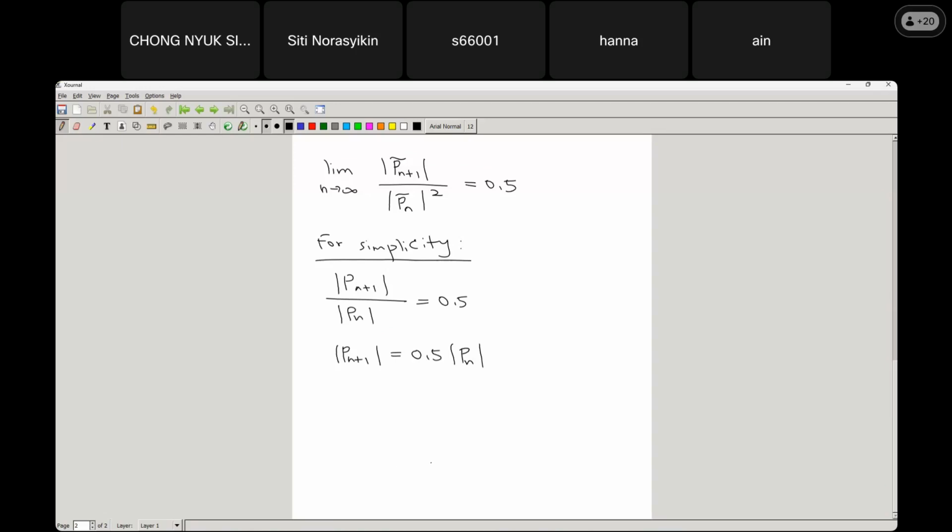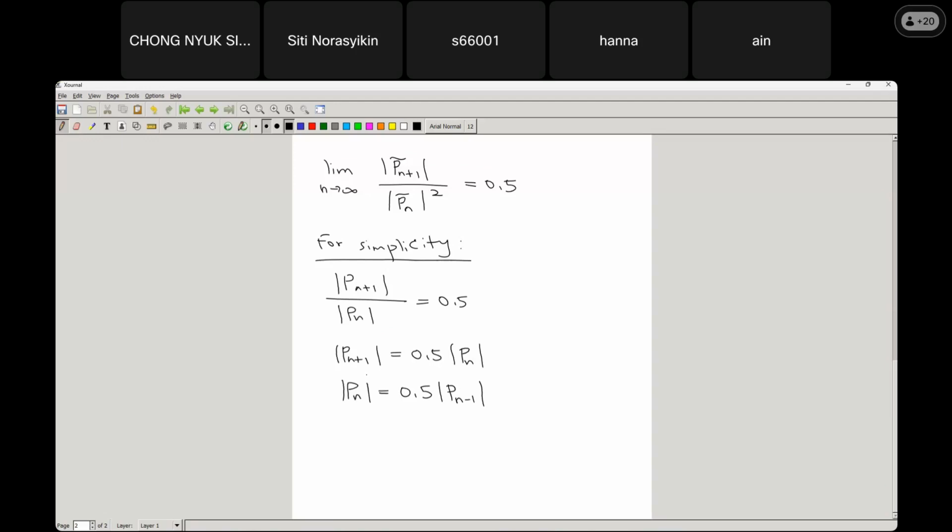Next, I want to know what is my Pn. You see, when you have n+1 here, here is n. So if I have n here, that means here is Pn-1.